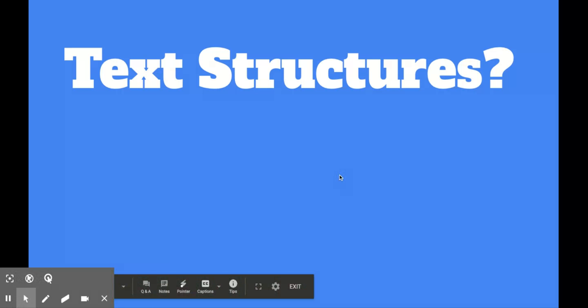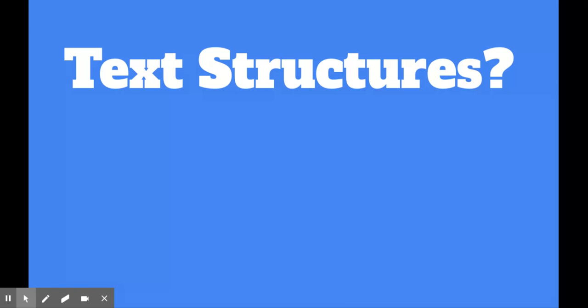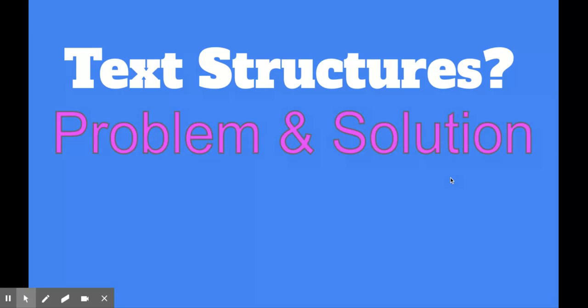So let's think. What text structure was used? Was there more than one, or was it just one? If you wrote down problem and solution, you are correct. Right away, it talks about how the Arabian oryx were almost extinct.